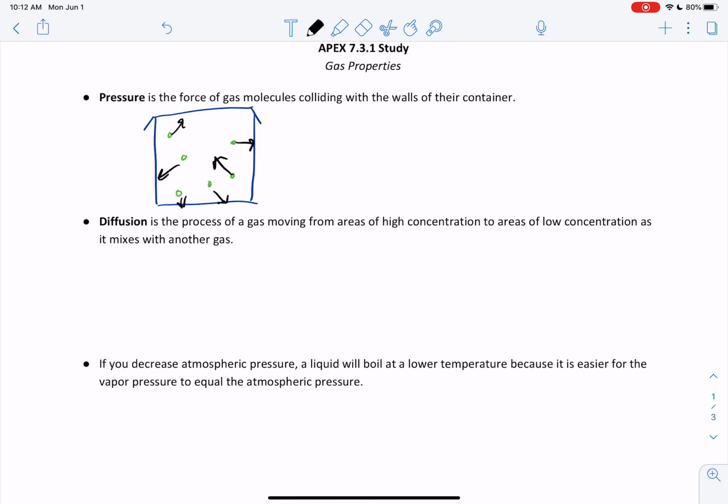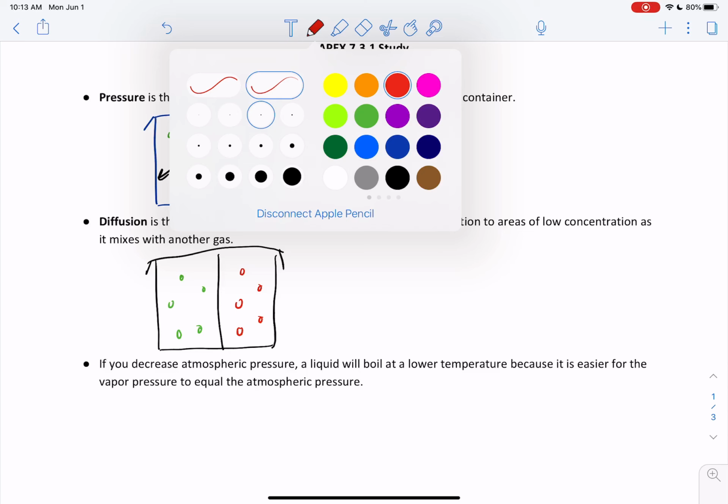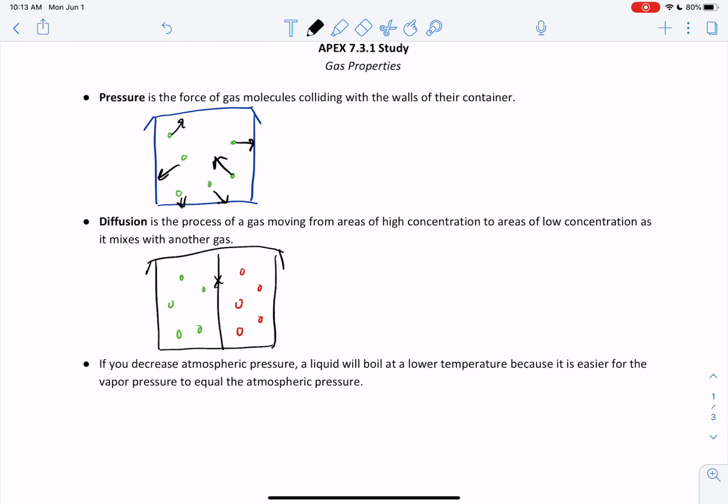Second thing we want to talk about is diffusion. What diffusion means is if you have a container with two different gases that are separated, like this, what's going to happen is if you remove that barrier, these gas molecules are just going to start to spread out.